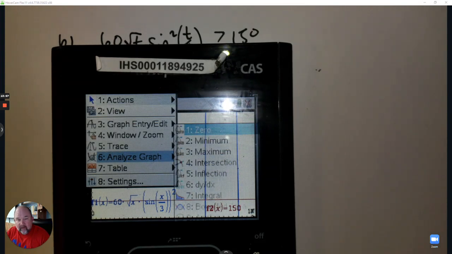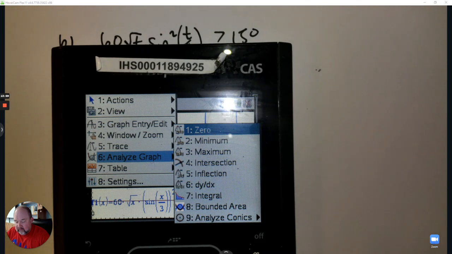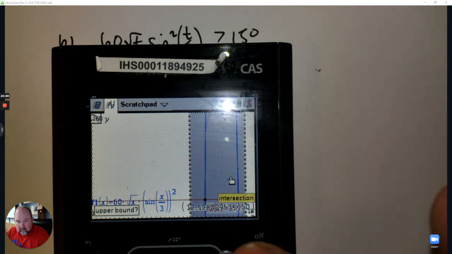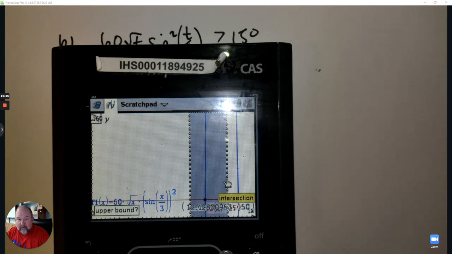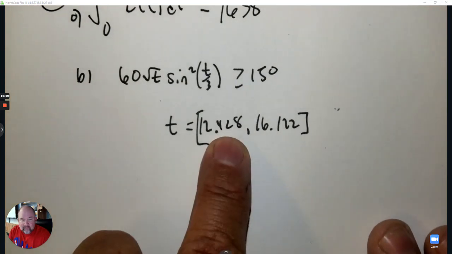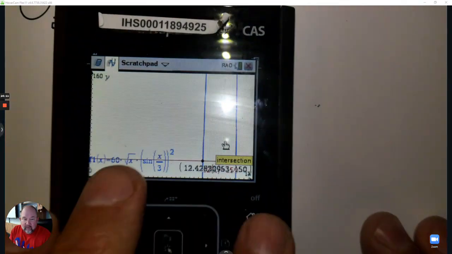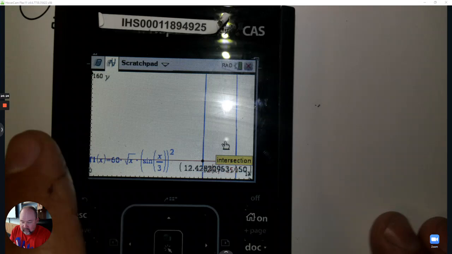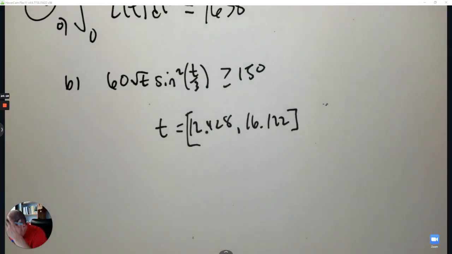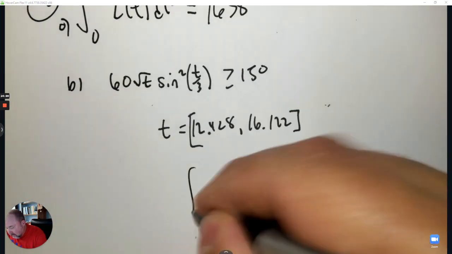So I'm going to go analyze an intersection, and so the first one is at 12.42, right? That's what I said, right? And then if you do intersection on the right side where the two intersect, you get the other one. Yay.